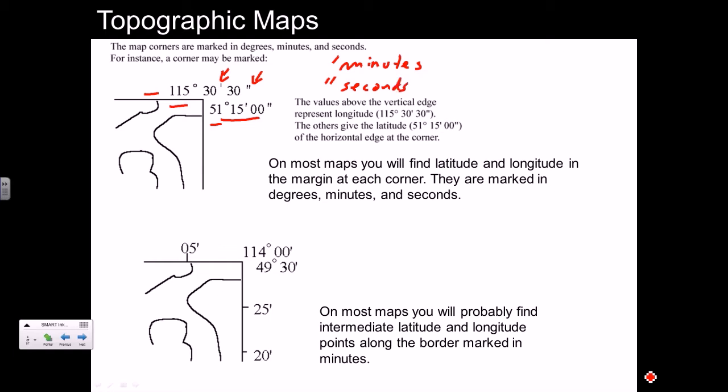And in general, the way this works is that for every degree, there's 60 minutes. So 60 minutes per 1 degree of latitude or longitude. It doesn't matter.